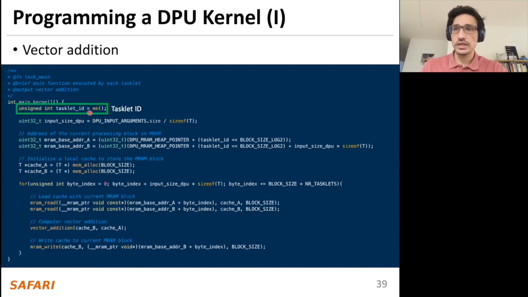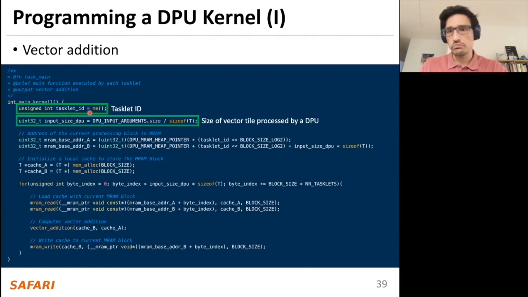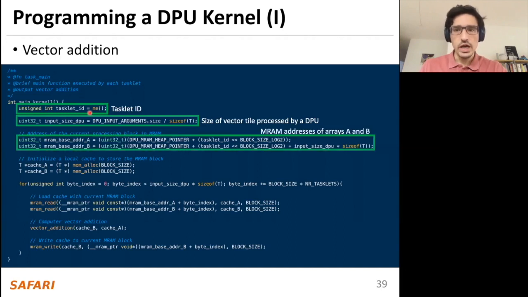And then based on the tasklet ID, we will assign to each tasklet a particular piece of data from the corresponding chunk that has been assigned to this DPU in particular. So this is the size of the vector tile, in the case of the vector addition example, that's going to be processed by a DPU. And these are the MRAM addresses for A and B, which are our two input vectors.